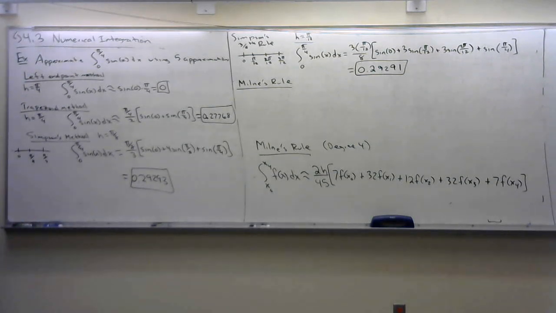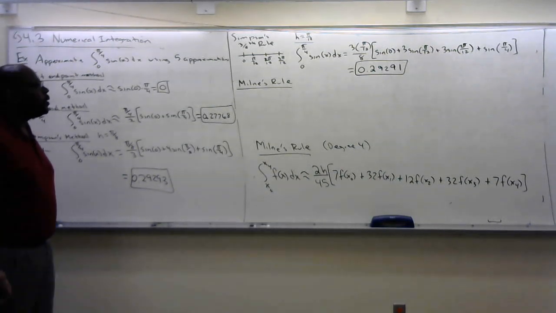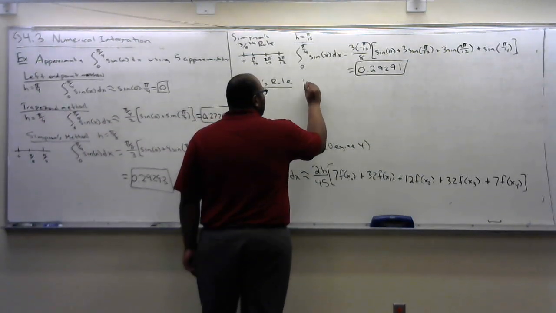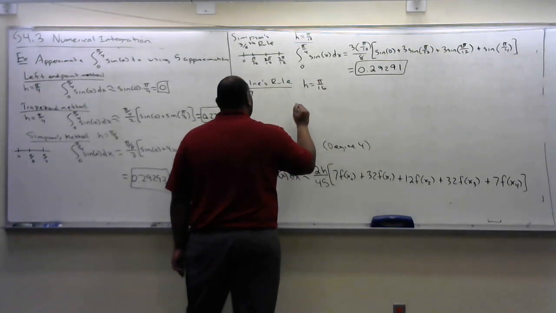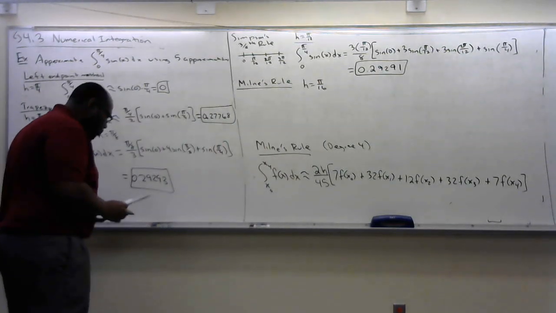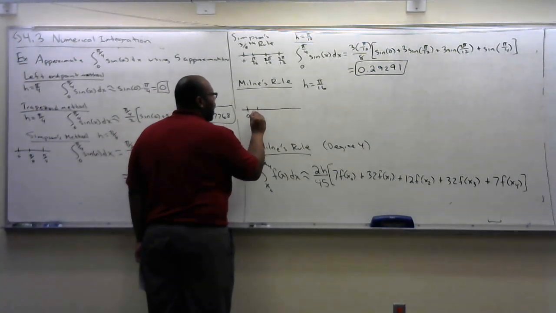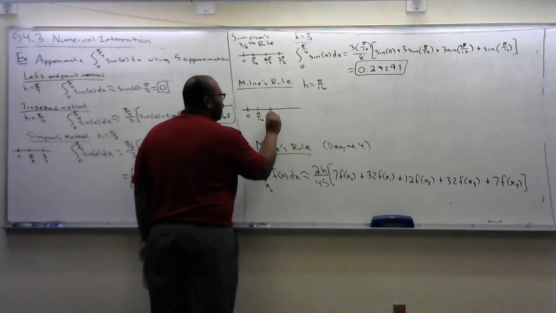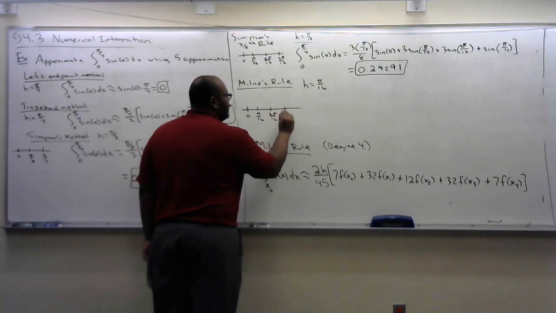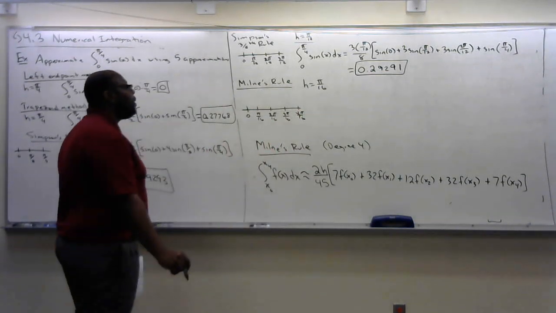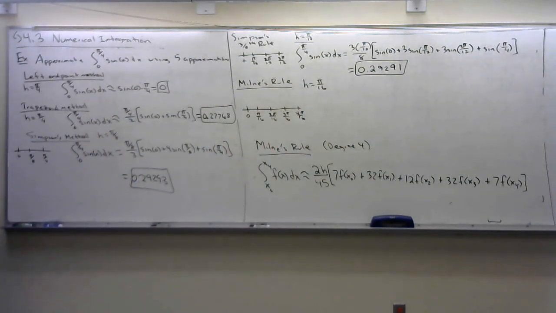We need to divide this up into 4 pieces. So take pi over 4 and divide that by 4, so we get h is equal to pi over 16. So we're looking at these values: 0, pi over 16, 2 pi over 16, 3 pi over 16, 4 pi over 16. 4 pi over 16 is pi over 4. So my h is pi over 16 in this case.